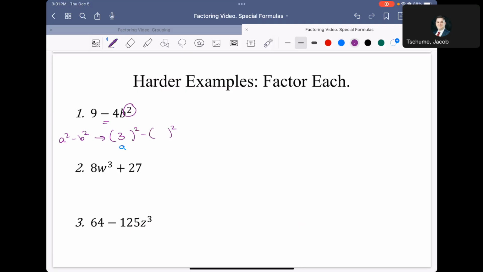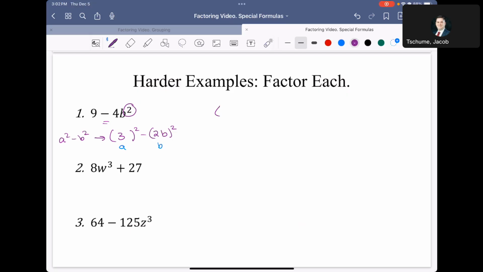And then if you ask yourself what squared gives you 4b squared, not only is it the b that kind of jumps out to everybody, you have to also think about it being a 2 in front of it, because 2 times 2 gives you the 4 that you need, and b times b gives you the b squared. So in this case, the b in our factored formula will be 2b.